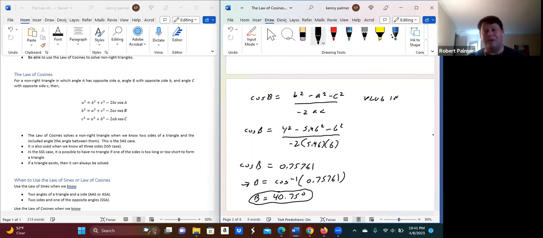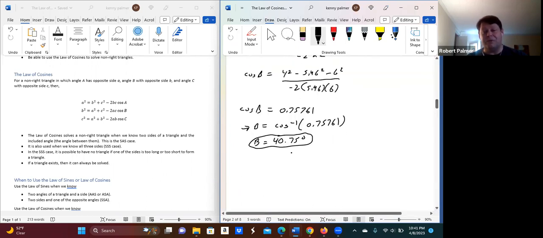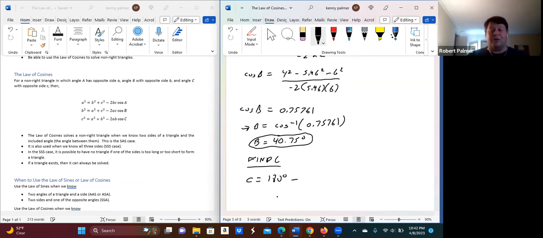Okay, that's angle B. Then we have one more thing to do. We can find C, and that now is easy because now that we have 2 angles of the triangle, we just have to subtract that total from 180 to find C. So C is going to be 180 degrees. Remember, for any triangle, all the angles still have to add up to 180. So 180 minus 40.75 plus 61, the other 2 angles.